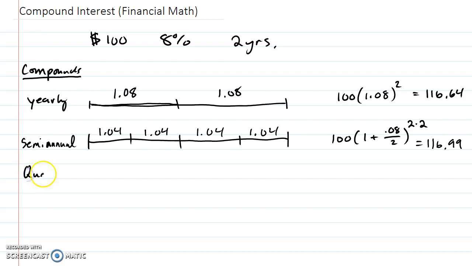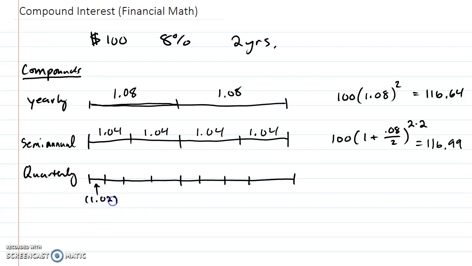Why not do it quarterly? So it's still going to be the same amount of time, but we're going to chop up our years into fourths. And for every one of these fourths, we're going to actually take our interest and divide it by 4. So each one of these is going to be 1.02. So the formula would be 100 times 1 plus 0.08 divided by 4, and we're going to do it 4 times as often over the 2 years.